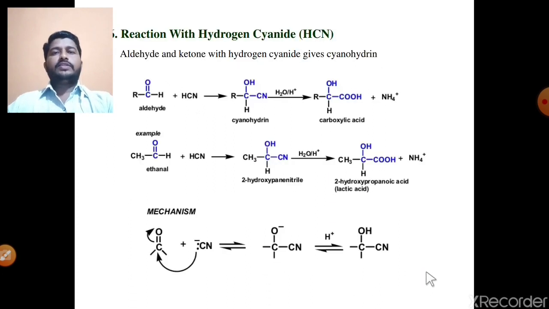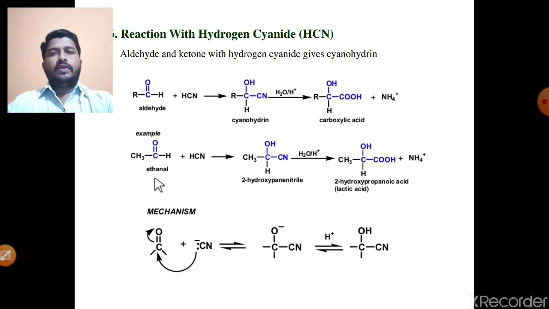Okay. The next one, the reaction with hydrogen cyanide, is the last reaction of carbonyl compounds. It's a simple nucleophilic addition reaction. Aldehyde and ketone with hydrogen cyanide give a cyanohydrin derivative. When an aldehyde molecule reacts with HCN, it gives a cyanohydrin, and hydrolysis of this cyanohydrin finally gives carboxylic acid.